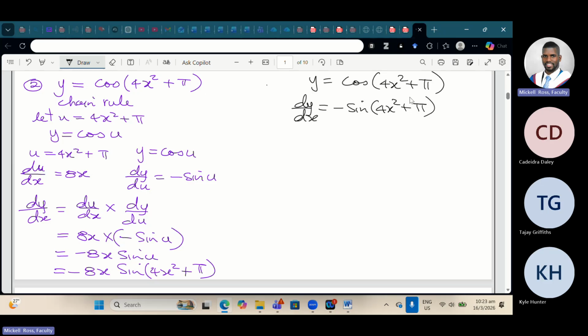And then you multiply by the derivative of the bracket. If I differentiate this bracket, I just get 8x. And then multiply, negative 8x sine of 4x squared plus pi. So that's all you would end up with if you use this method to work it out. Whichever method you choose is going to be up to you.